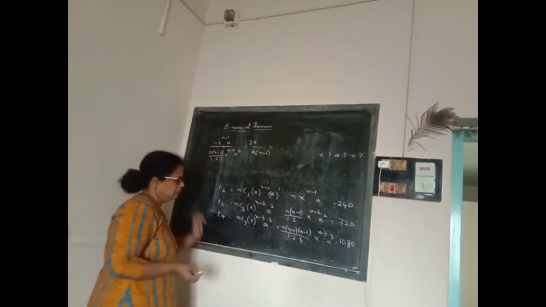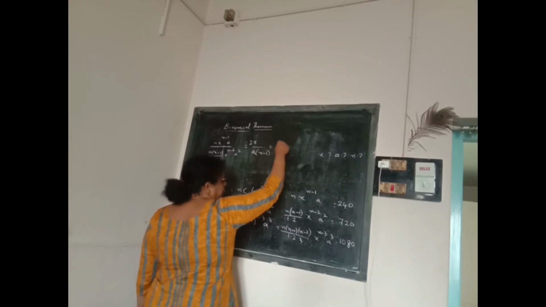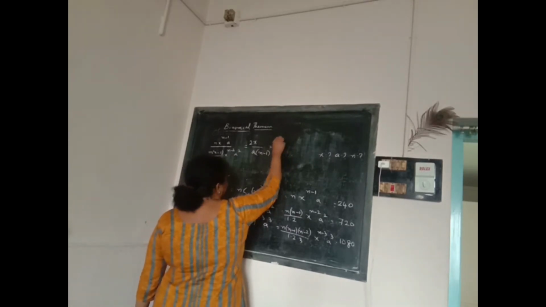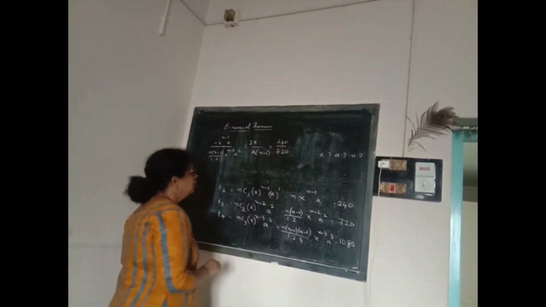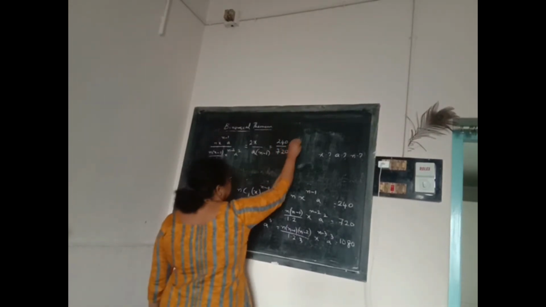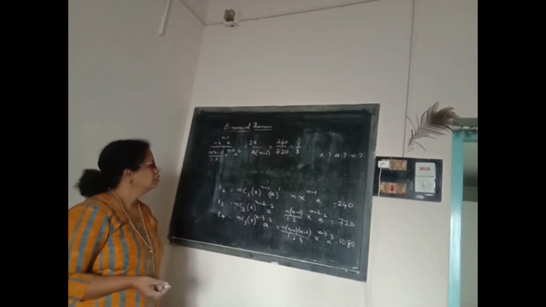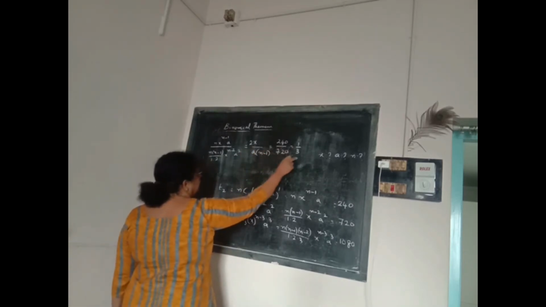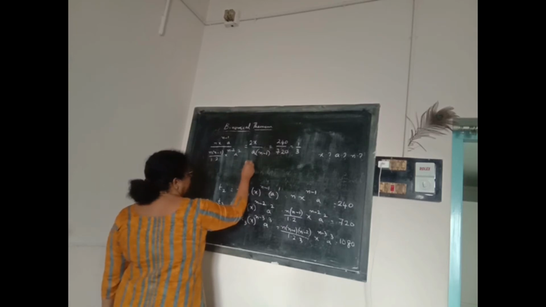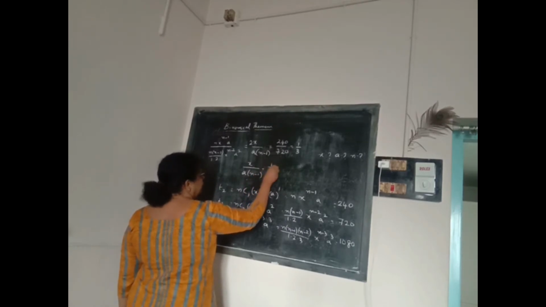It is 240 by 720, which is 1 by 3. So we got one equation: x by a into n minus 1 is equal to 1 by 6.